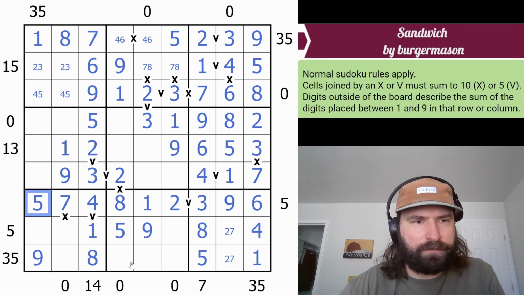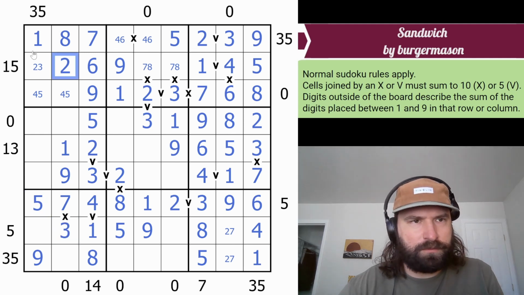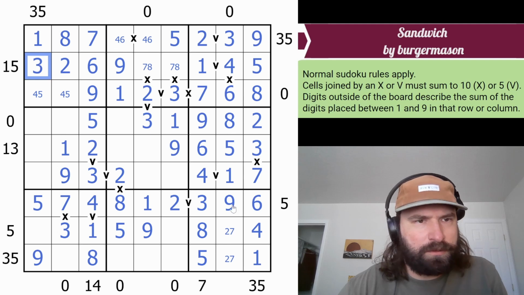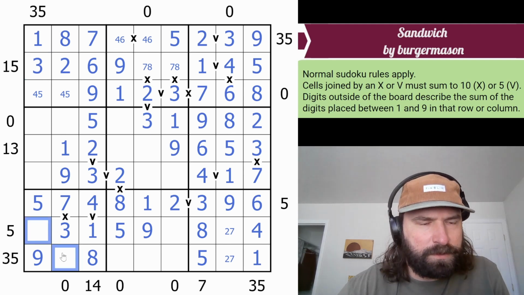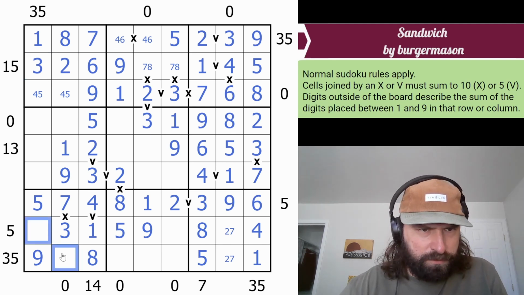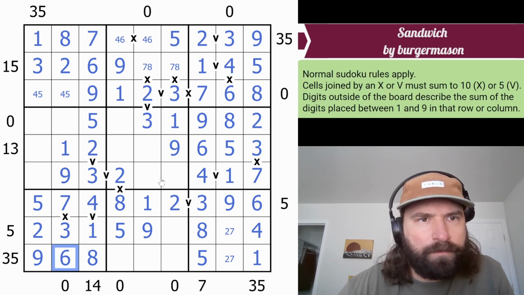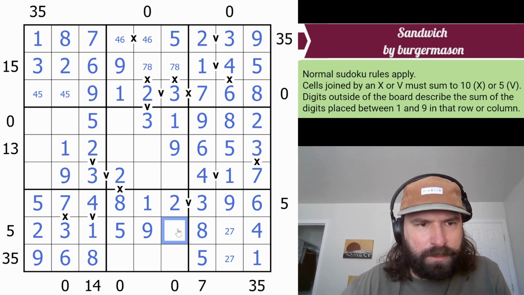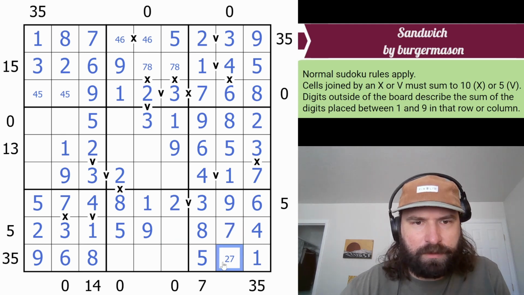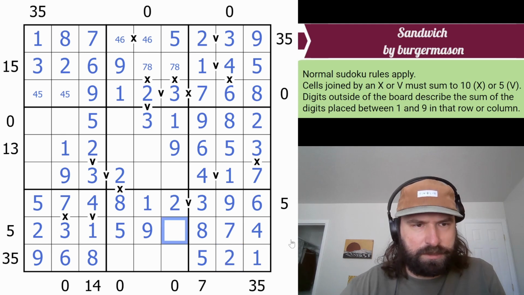This is a 5. This is a 3. This is a 2. This is a 3. These two: 2 and 6. 2's going here. 6 is going here. 2. Okay, so this is a 7. This is a 2. This is a 6.